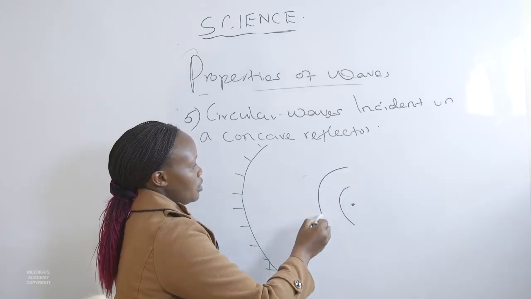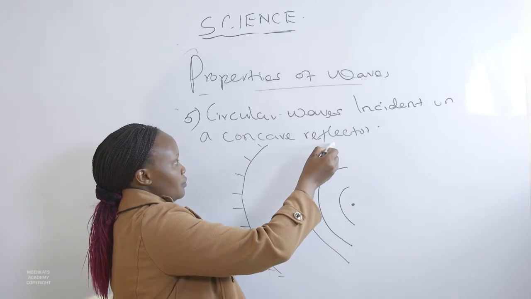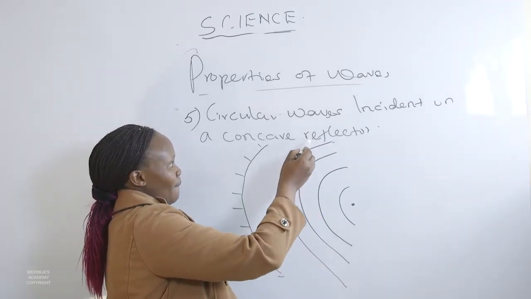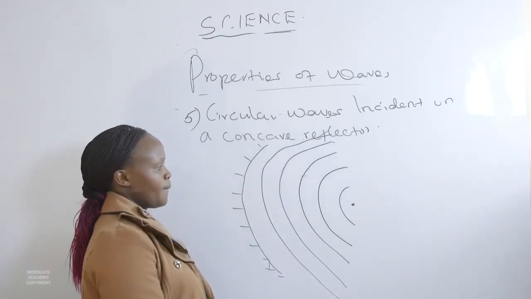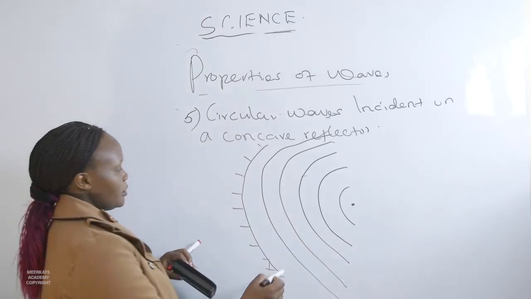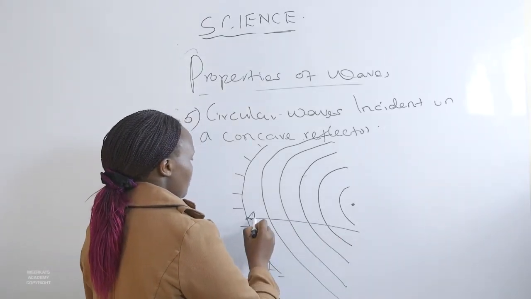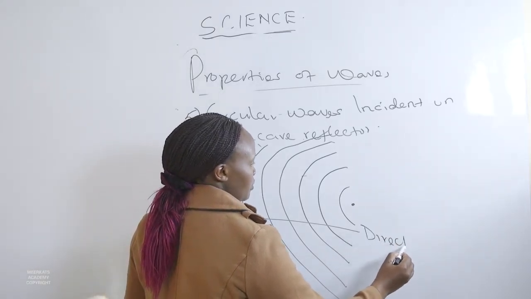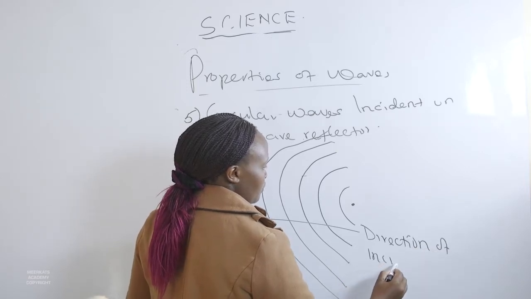They are incident on our reflecting surface, taking this direction. This is the direction of the incident wave.